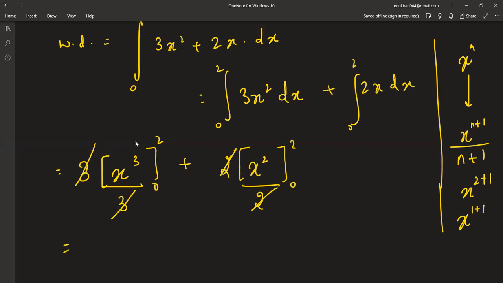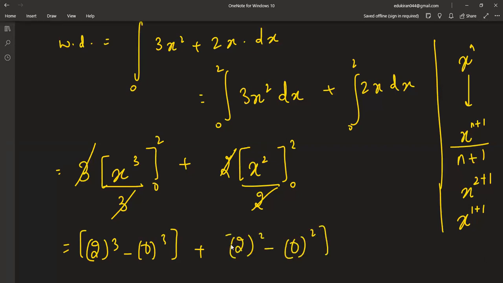Now see, we put the upper limit first minus the lower limit. In place of x, put the upper limit. That becomes 2 cube minus 0 cube plus upper limit 2 square minus lower limit. So what are we left with now?